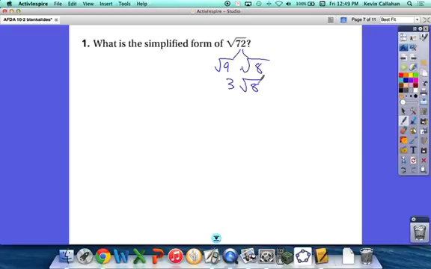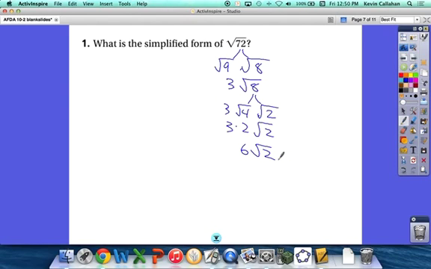Does it have any factors that are perfect squares? 2 is not a perfect square. What about 4? So in fact, 9 is okay, but it's actually not the greatest factor of 72 that's a perfect square. We would have to take another step. Now it's 2 times the square root of 2, and we still had this 3. So that's 6 times the square root of 2.